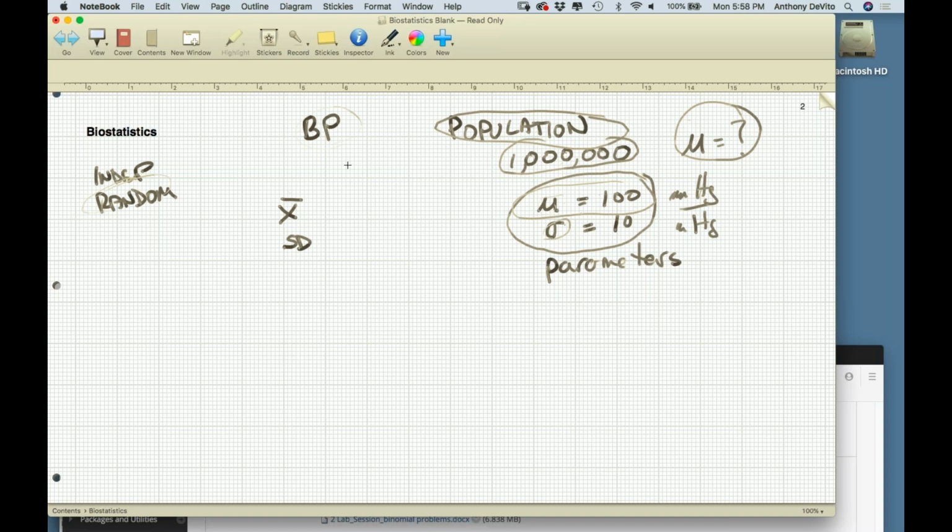Well, okay, so if I start taking random samples from this population, let's say that I take a random sample of size 10. Well, each one of these people is going to have a blood pressure. It might be 90, 105, 99, 102, and so forth. So I'll wind up with 10 numbers that represent my sample.